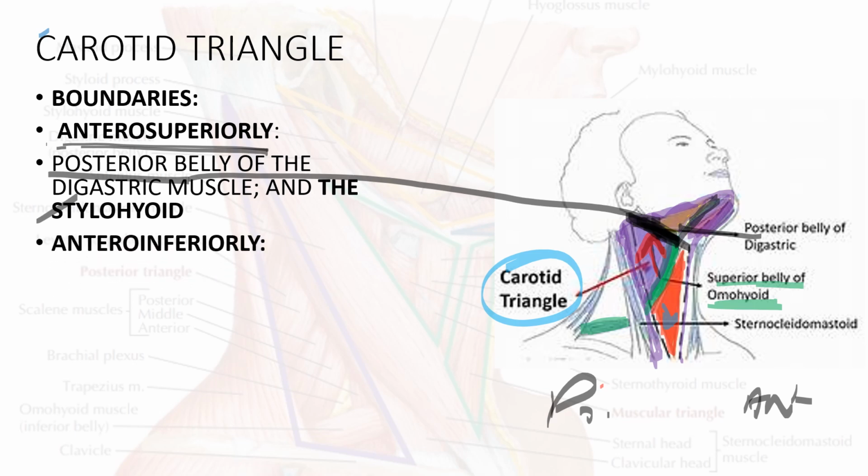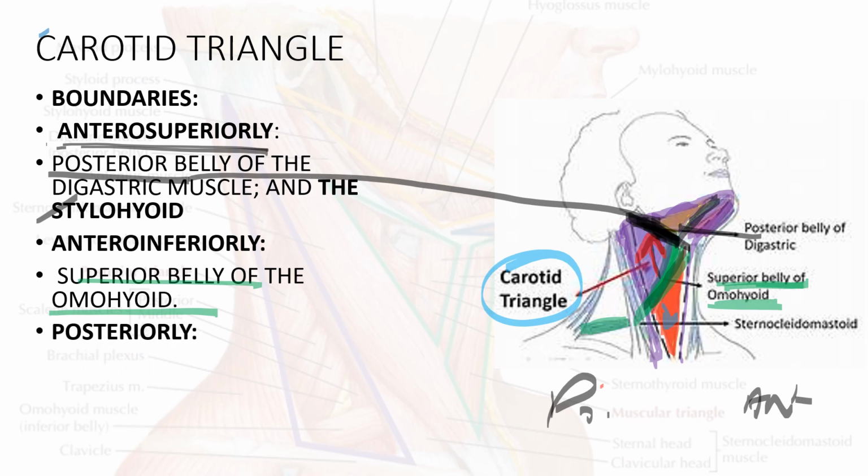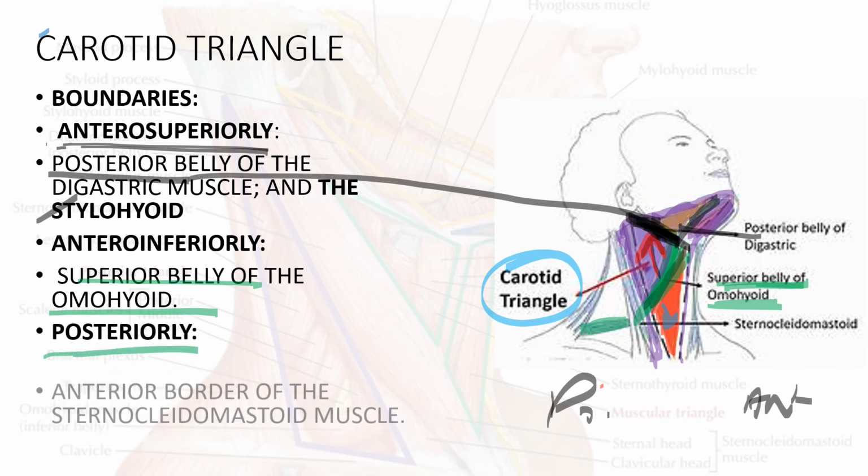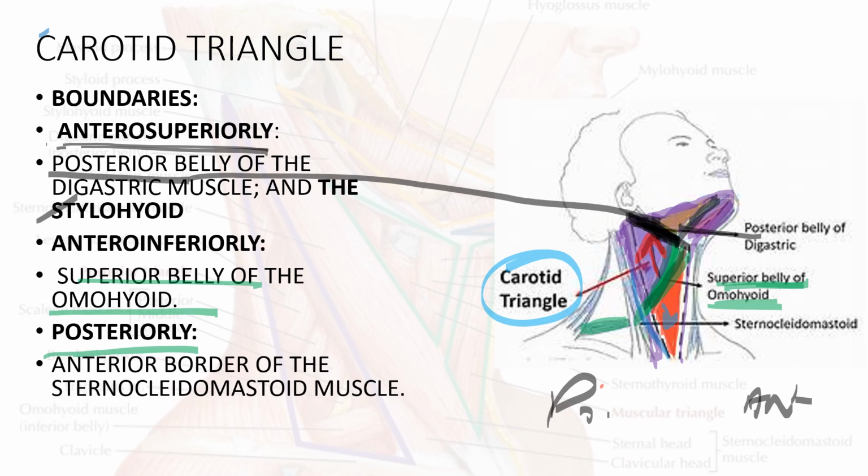Anterior inferior same. एंटीरियर इंफीरियर हम इसके लिए green color ही use कर रहे थे. तो anterior inferior is the superior belly of omohyoid muscle. Posteriorly we have the sternocleidomastoid muscle. We know this is the anterior border, sternocleidomastoid का anterior border है बच्चों and posterior border. So the anterior border of sternocleidomastoid, omohyoid and digastric muscle, they will form a triangle. This is known as the carotid triangle.